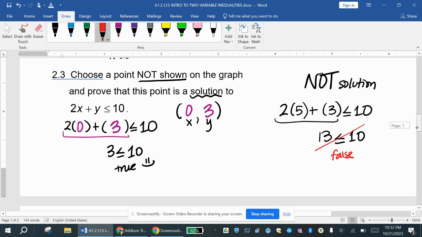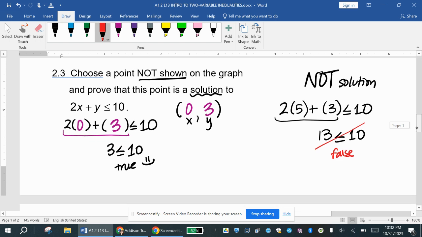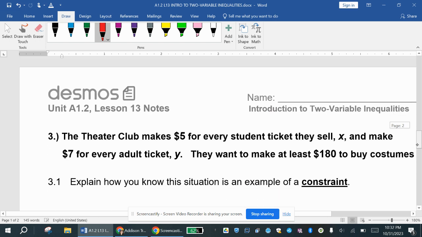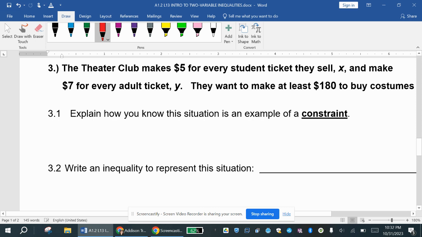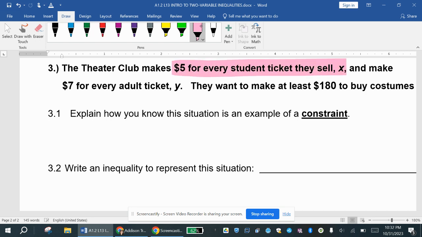Okay, go ahead and flip to the next page and read this story. Make sure that you circle or underline anything that you think is important. Okay, so I noticed that they want me to pay attention that student tickets are the X and they cost $5, right?